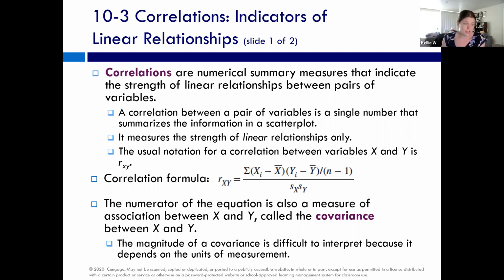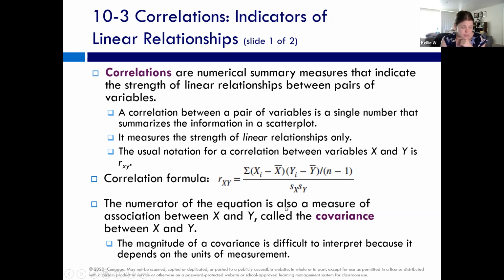So we can calculate this. The takeaway from this formula is that you're taking the difference between each data point and the average, and then you're dividing it by, okay, so there's covariance up here, and then we're dividing it by the standard errors.